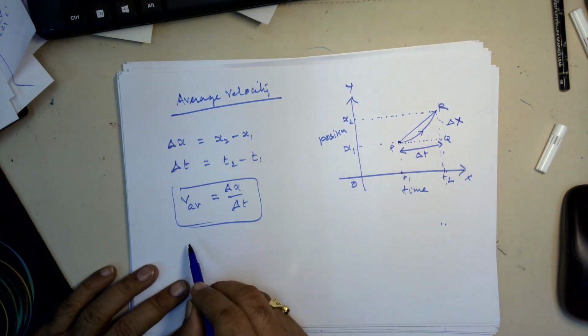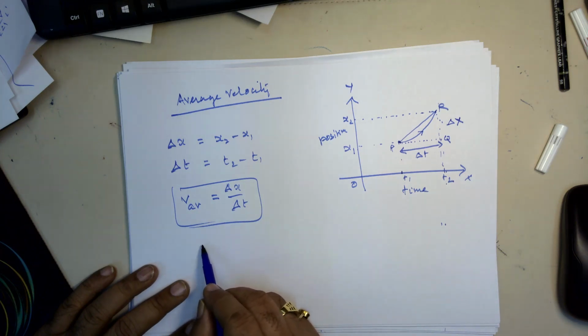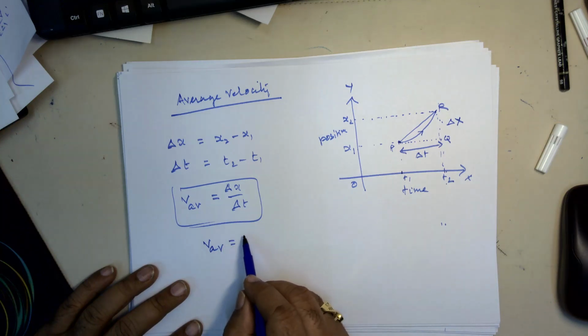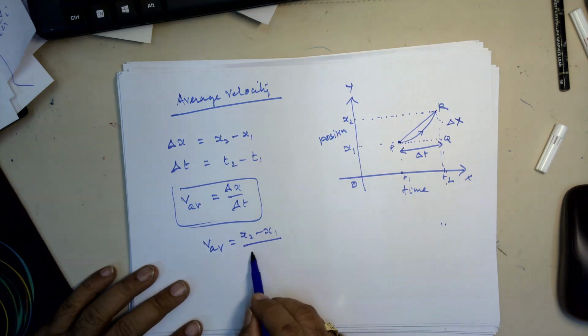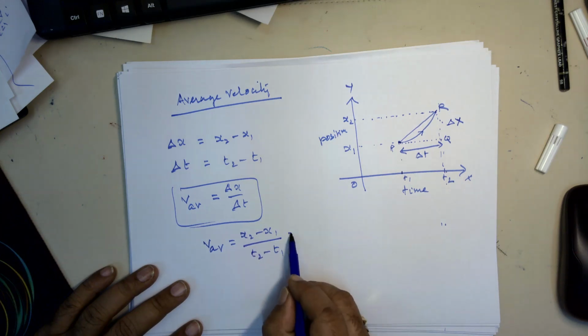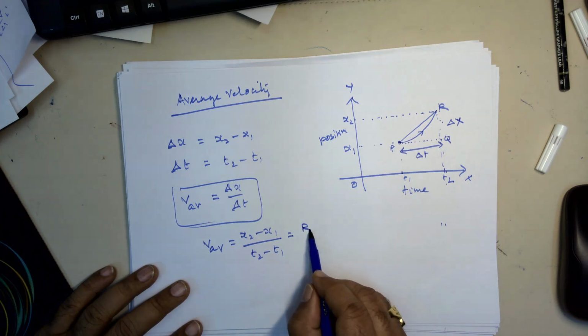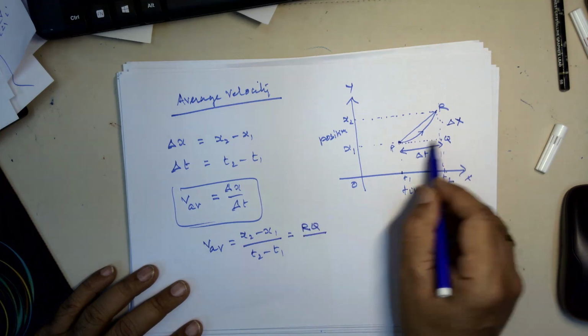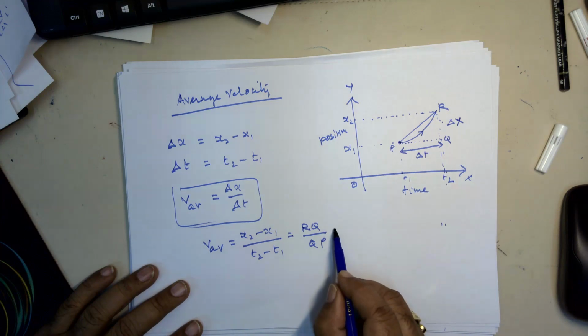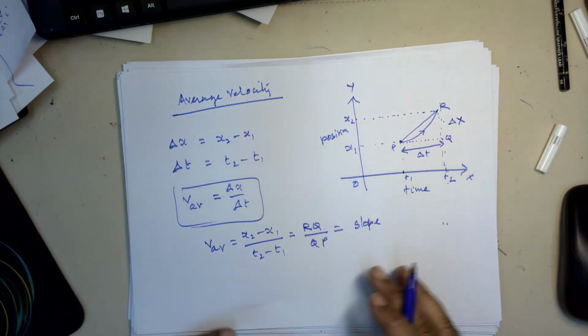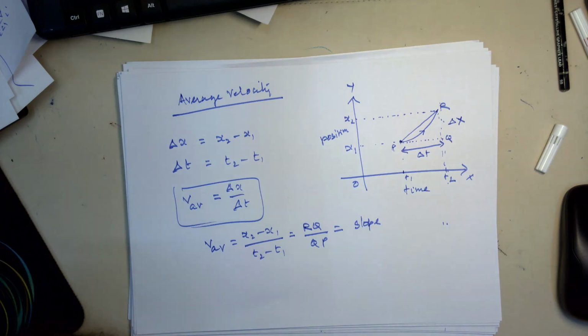So here you have to mention average velocity is equal to x2 minus x1 divided by t2 minus t1, which is nothing but RQ divided by QP, which is nothing but the slope of the line here.